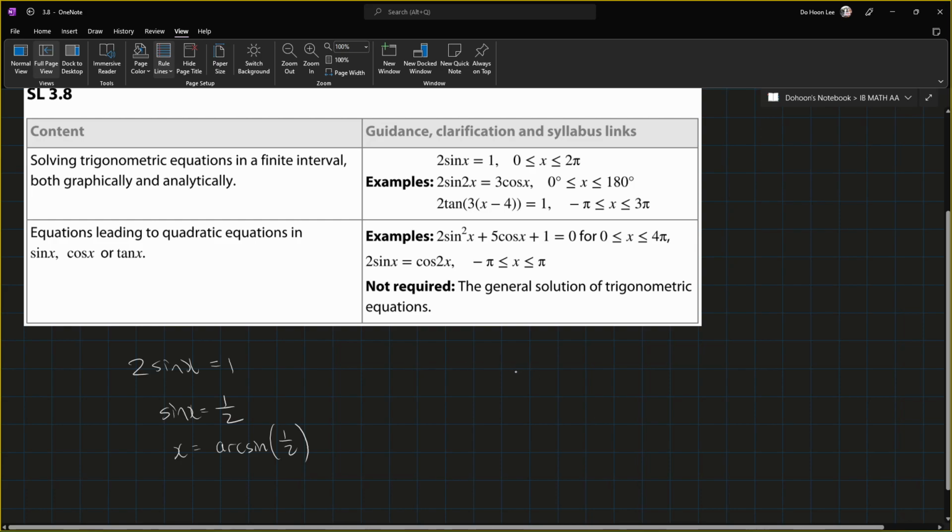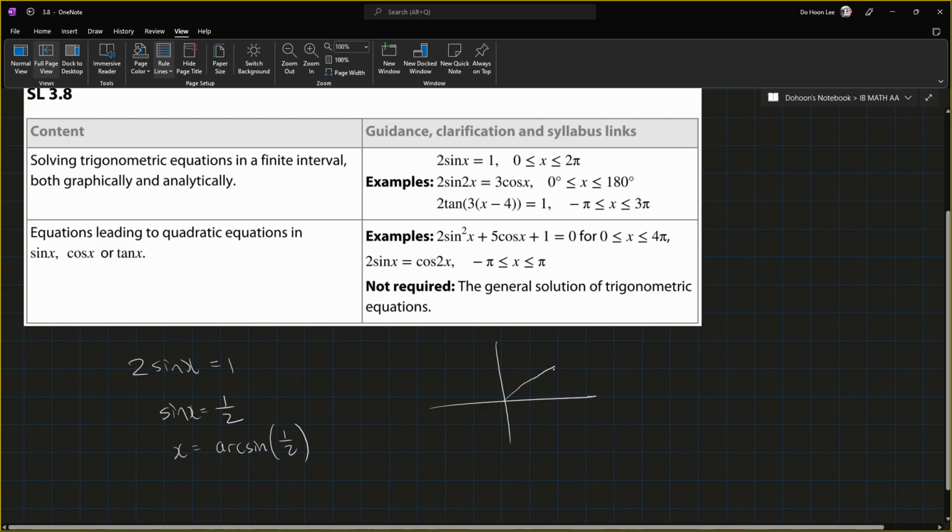And here we need to remember our unit circle from section 3.5. If you remember, the arc sine of 1 over 2, well, if sine x is 1 over 2, that means my opposite is 1 and my hypotenuse is 2. Or we can say our opposite is 1 over 2 and our hypotenuse is 1.